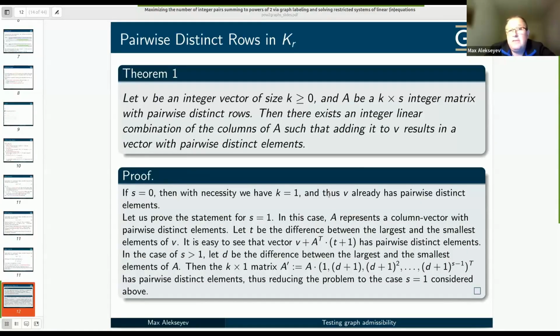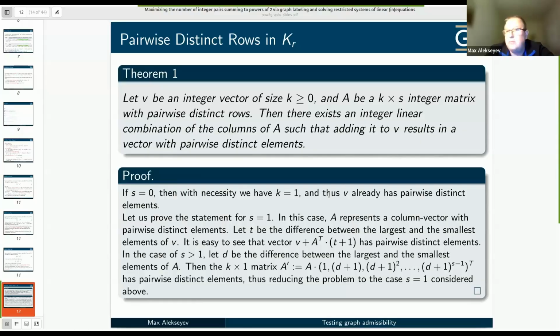So let vector V be an integer vector of size K, and A be a K times S integer matrix with pairwise distinct rows. Then I claim that there exists a linear combination of the columns of A such that if we add this linear combination of columns to our vector V, then we will get a vector with pairwise distinct elements. So please notice that it doesn't matter what V is.